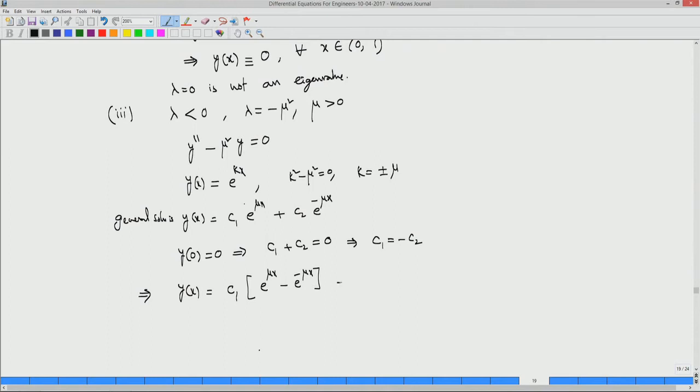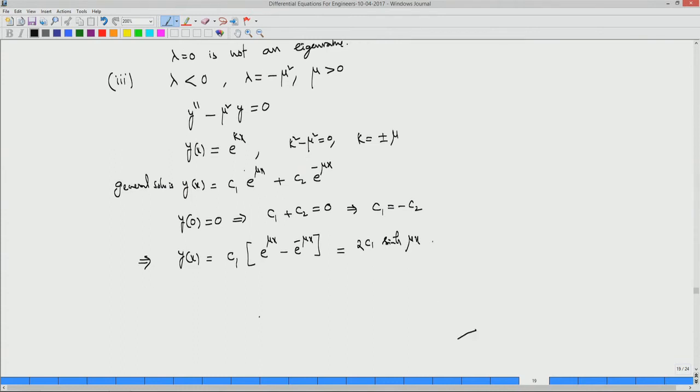This is equal to 2 times c1 into sinh mu x. That is your general solution. Now you apply the other boundary condition, y at 1 equal to 0. But y at 0 gives me 2 c1 sinh 0, that is 0, right.